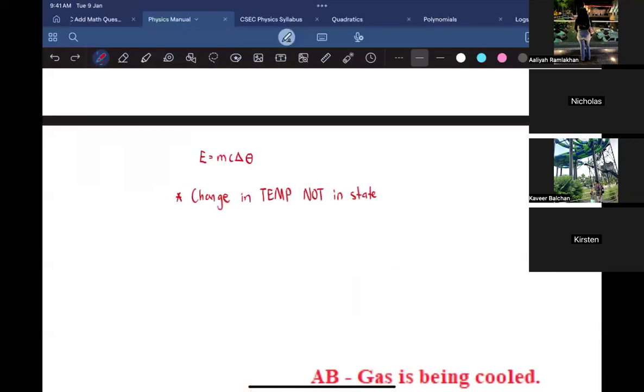Other thing is, when you're doing a calculation for this, the temperature could be in Kelvin or Celsius, but both have to be in Kelvin or both in Celsius. It doesn't matter if it is degrees Celsius or Kelvin.